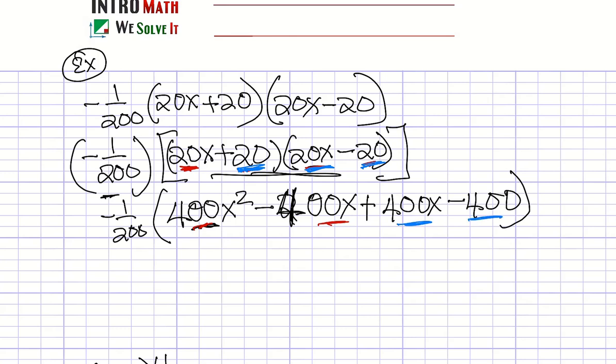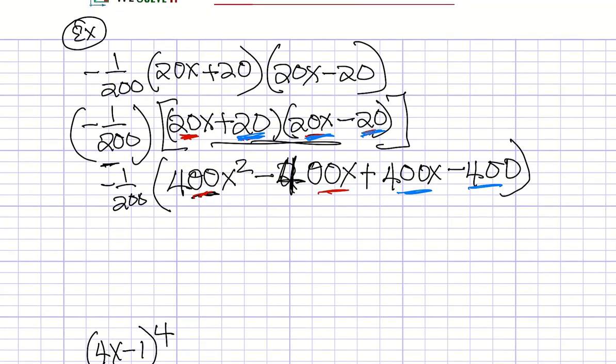You see that, right? So now let's combine, so you want to make sure you did it right. So it's negative 1 over 200. We're going to combine what is inside the bracket. What is that? Okay, we know that 400x squared will stay by itself. We'll combine this and that.